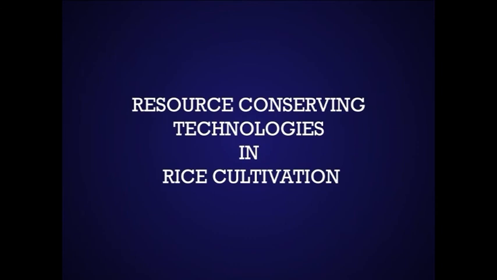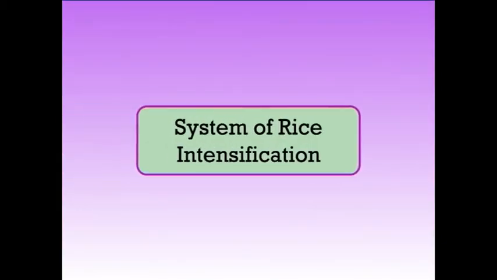Now we will discuss a few resource-conserving technologies in rice cultivation. First, we will discuss the system of rice intensification. The system of rice intensification is a new and promising resource-saving method of growing rice under irrigated or rain-fed conditions.